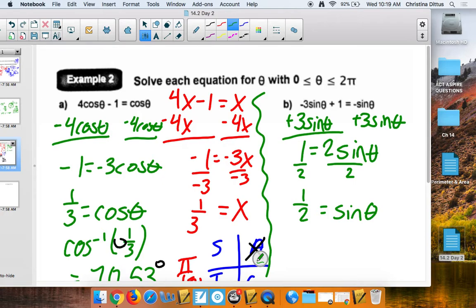Does that half look familiar? I need an angle where the sine is a half. 30, very good. So our theta is 30 degrees. If you didn't know that, all you do is take your inverse sine of a half in your calculator.